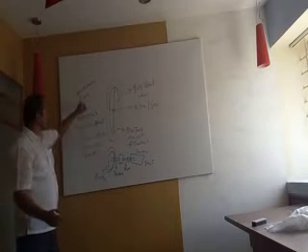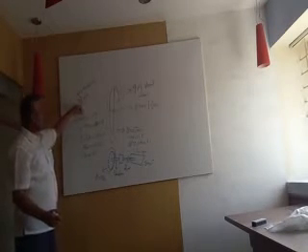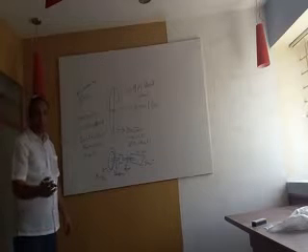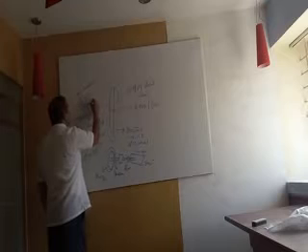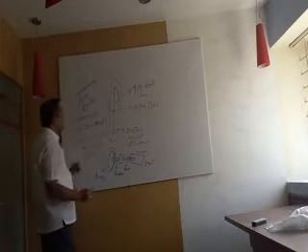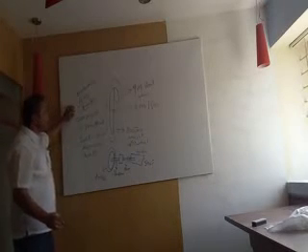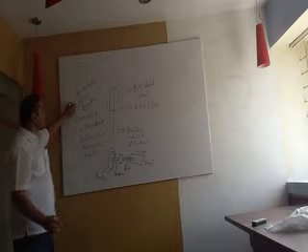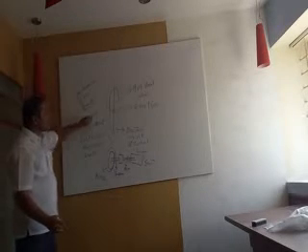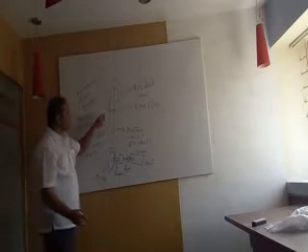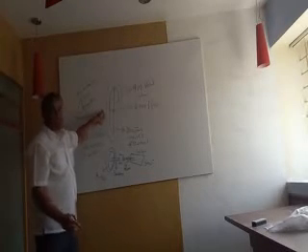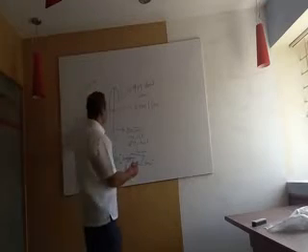The flywheel, 500 into 16, is 8,000. 8,000 kilowatts is the power consumed by 16 numbers of 500 kilowatt motors to rotate the 800 ton flywheel. So this flywheel is rotating constantly at 1500 RPM, 800 ton.